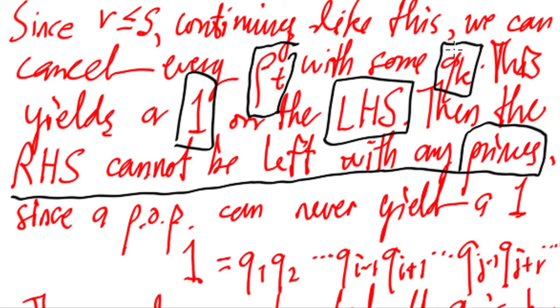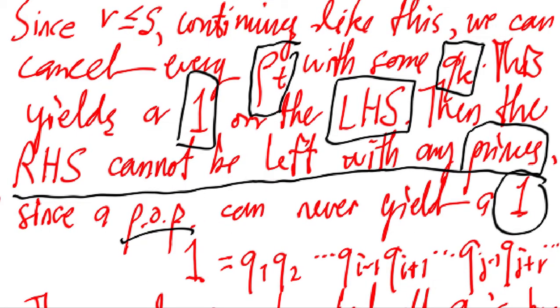So since on the left-hand side we have 1 and all of the q's are primes, the right-hand side cannot yield 1. A product of primes can never yield 1. I think that's trivial: any prime can never yield 1, because 1 itself is not a prime. Try to multiply such factors and you will never ever get 1.